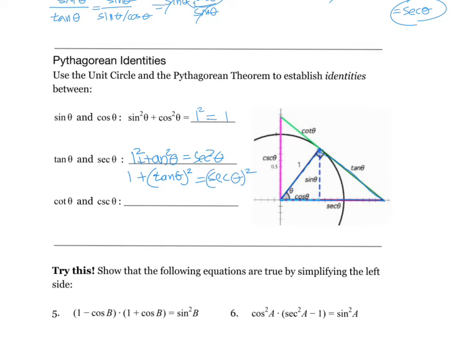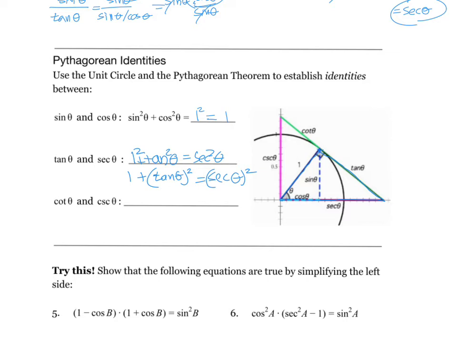So when we write, if we want to take this tangent of theta, take the result of tangent of theta and square it, likewise secant of theta, take the result of that and square it, instead of writing this out with all those parentheses, we use this other notation. We write the name of the function raised to the second power and then put the argument afterwards. Tangent squared theta. That's just a piece of notation that means this and this respectively.